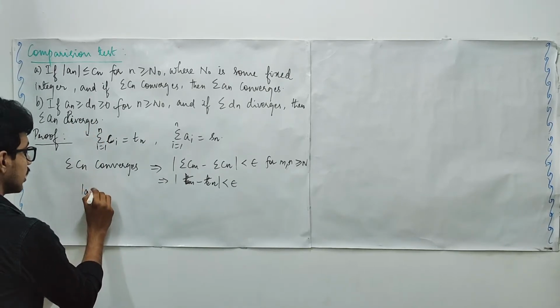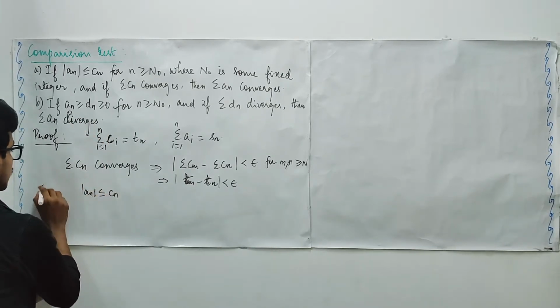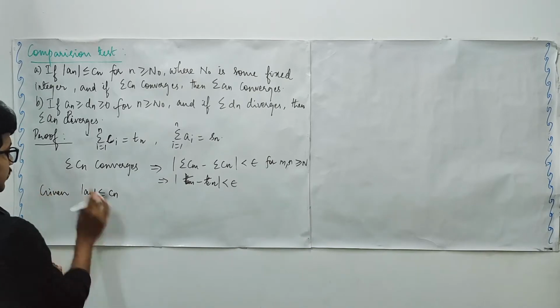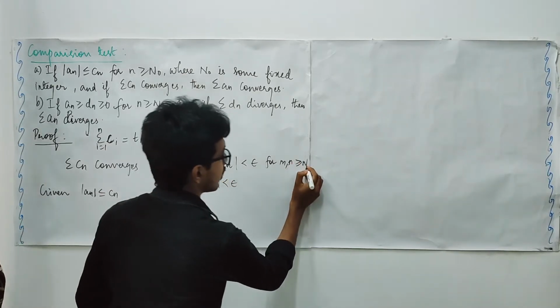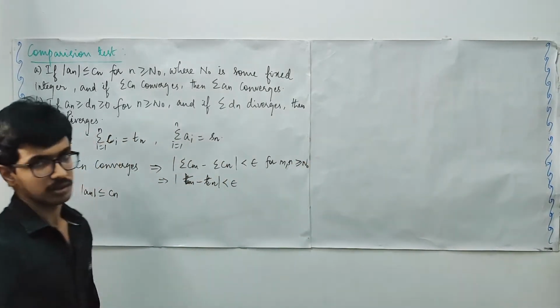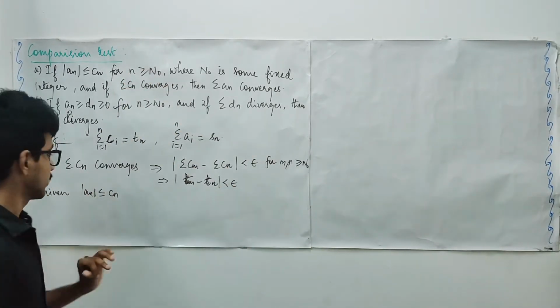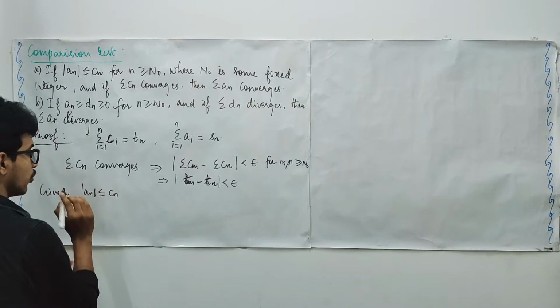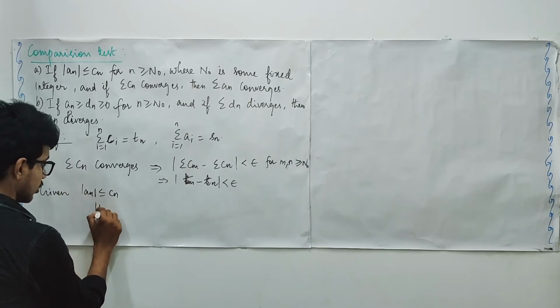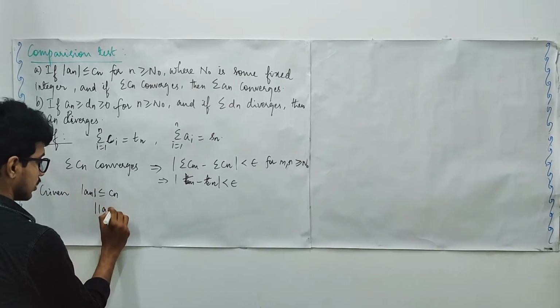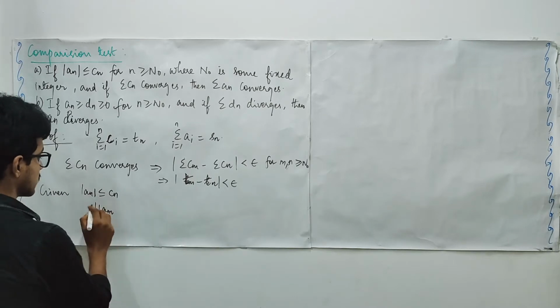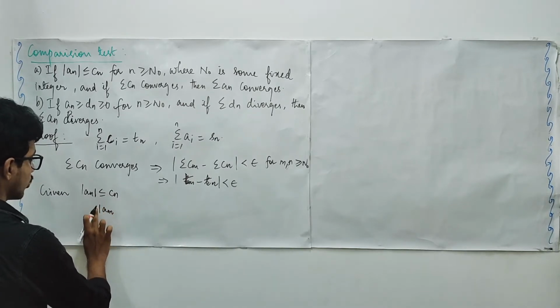Each term a_n is less than or equal to c_n after a certain stage. Let us take this stage to be n_0. Since it is given, we are taking n_0. Now consider the absolute value of the sum of the terms.